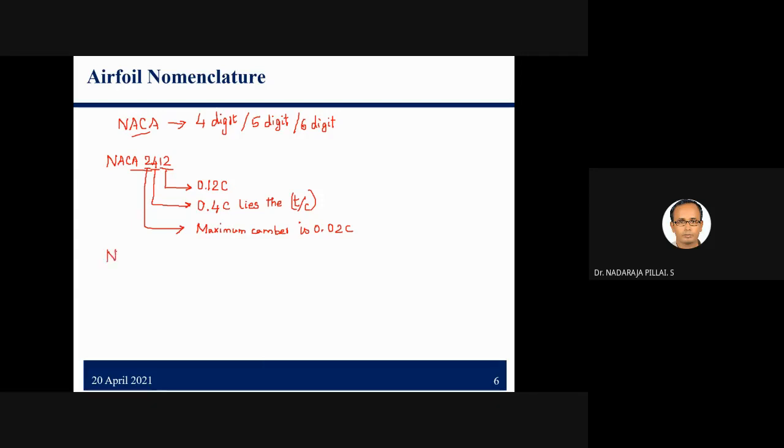Now there is an exercise: NACA 0012. Now the question is whether it is a symmetrical airfoil or an unsymmetrical airfoil.